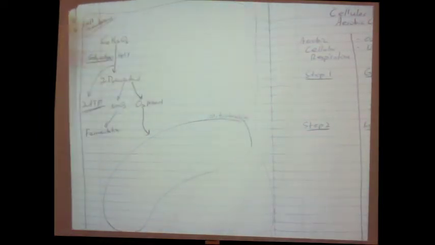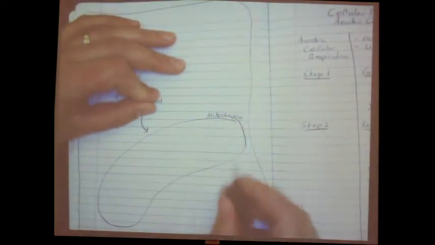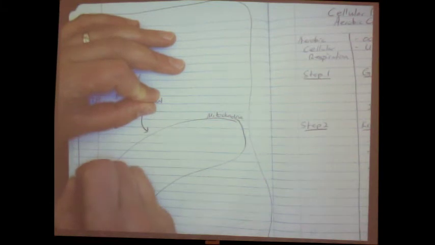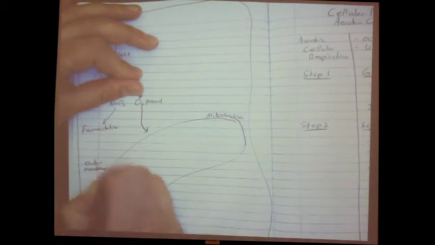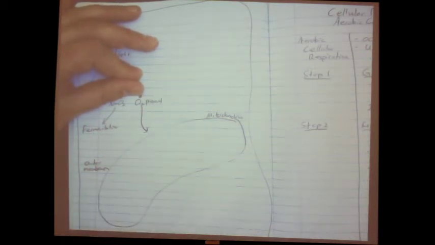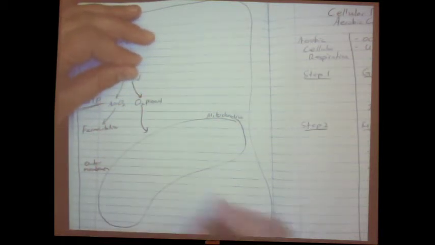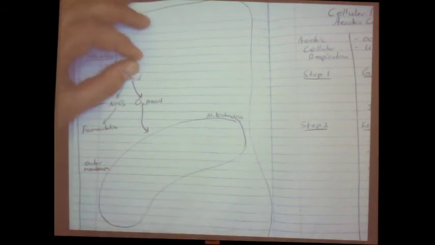Mighty mitochondria. Now, just like the chloroplast, the mitochondria also has an outer membrane. That's what we just drew right here. Outer membrane. And if it has an outer membrane, that should tell you that it also has an inner membrane. But the inner membrane is a little bit different here. It's actually bigger than the outer membrane.